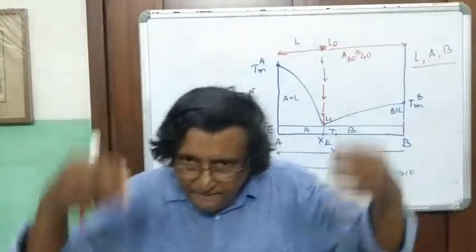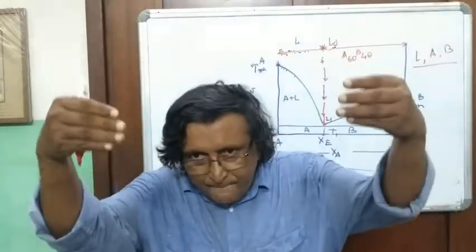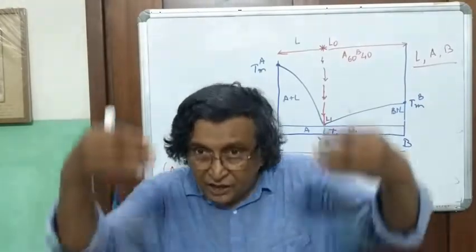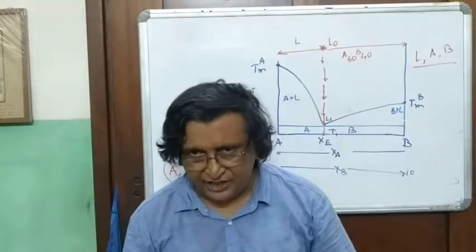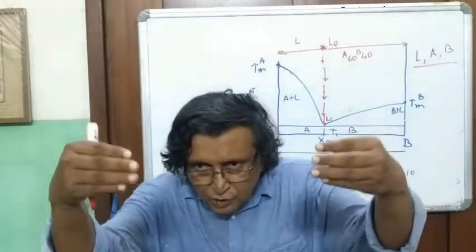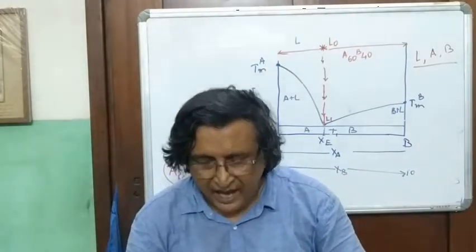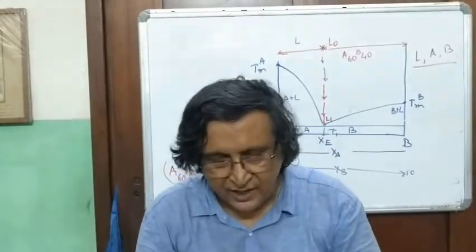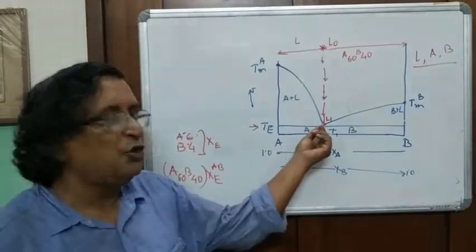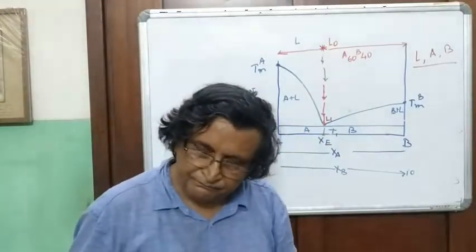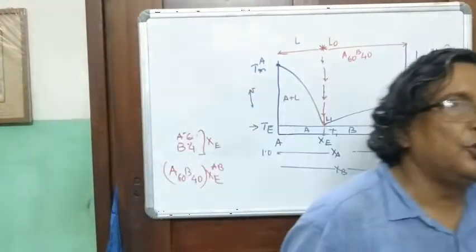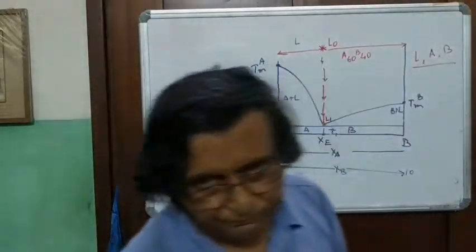So from the beginning, the liquid composition does not change, the solid composition does not change, but the proportion of the liquid decreases and the solid increases. But this cannot be shown in the phase diagram.